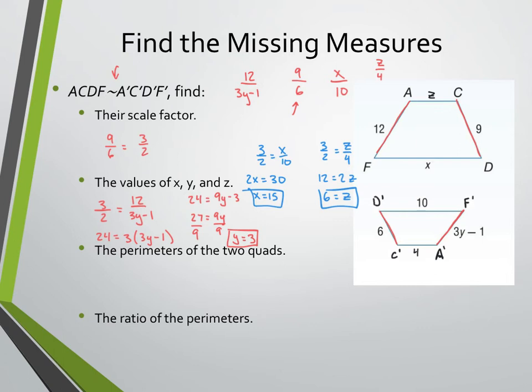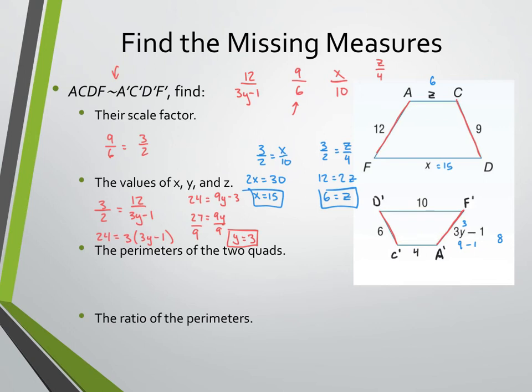Now, moving on to the next one, the perimeters of the two quadrilaterals. One way, a very easy way, is to plug everything in. I know that this is 6, this is now 15, y is 3, therefore this, we have 9 minus 1, this side is 8. Then you just add them all up.